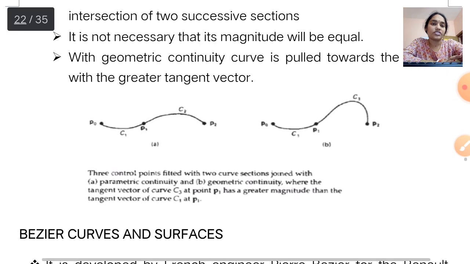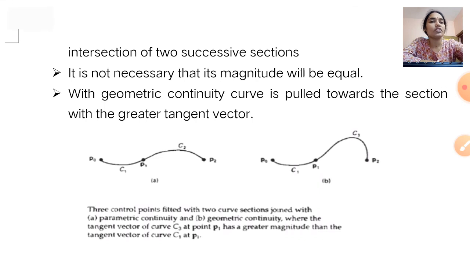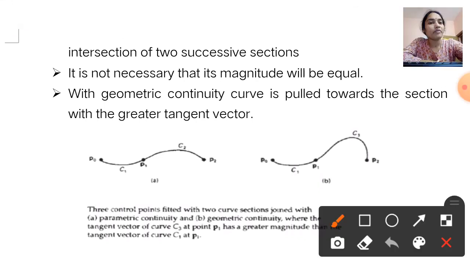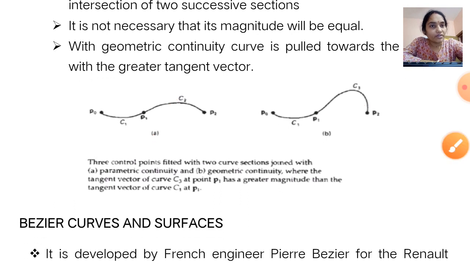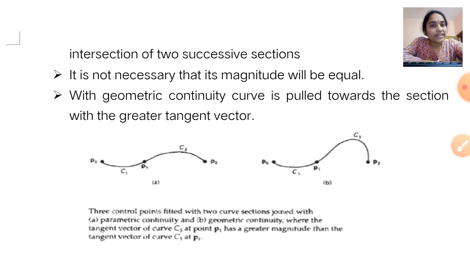In the example, the first figure is the parametric continuity condition, and the second figure is the geometric continuity condition. In the second figure, tangent vector C3 at point P1 has a greater magnitude than the tangent vector of C1 at P1.